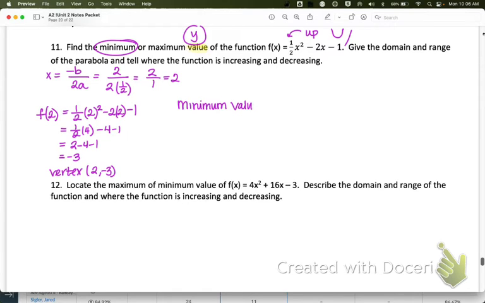All right, so the minimum value is f of x equals -3. Okay, now no bald answers, meaning whenever we're talking about a function or a graph, we should never just be giving a number like -3. It should either be x equals or f of x equals.